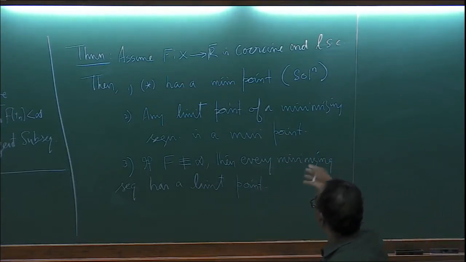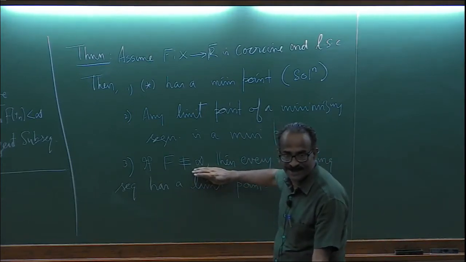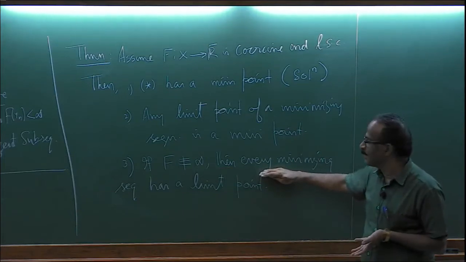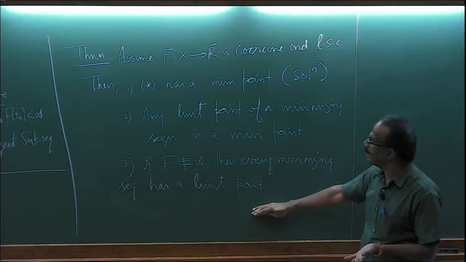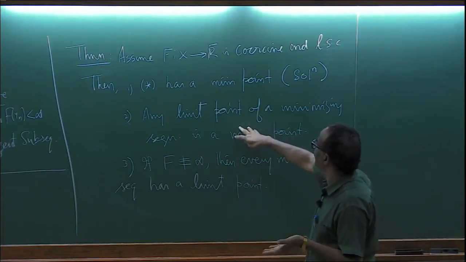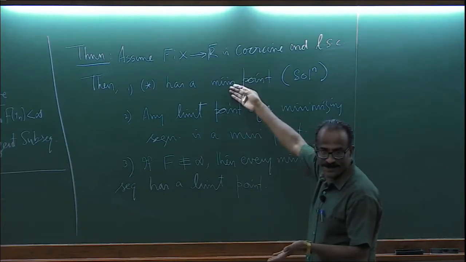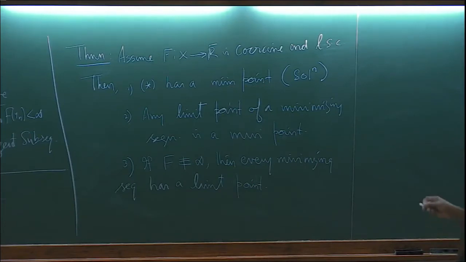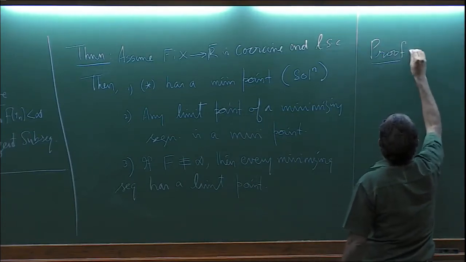So what does everything together conclude? It's enough to prove basically 3. Because you know that every minimization problem has a minimizing sequence. The third thing tells you that it has a limit point, and the second thing tells you that that limit point has to be a minimum point. That means this is solved. Because it's quite easy, let me give you the proof.